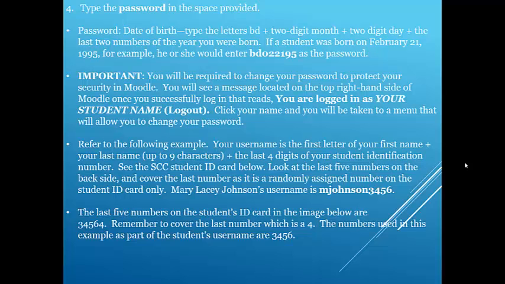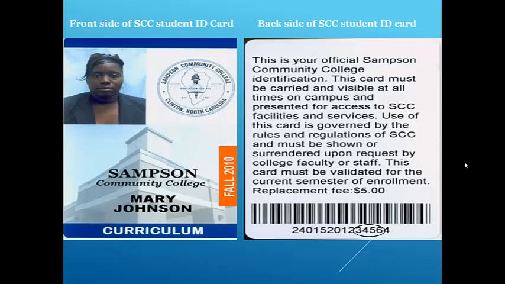Your username, again as mentioned, is the first letter of your first name plus your last name up to 9 characters plus the last 4 digits of your student ID number. So let's look at a student ID card right now. We can see that we've got Mary Johnson and her student ID number is quite lengthy. So her username would be M Johnson, and then we look at the last 5 digits on our student ID card, which are 34564.